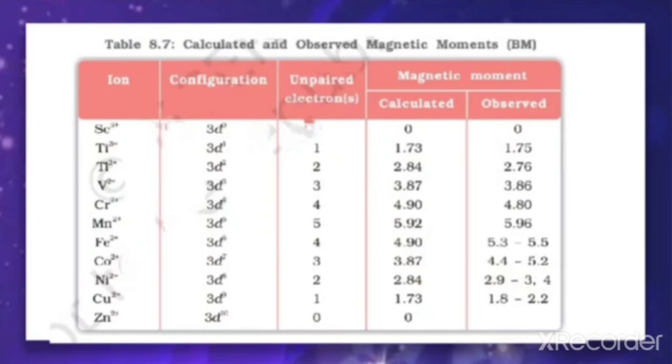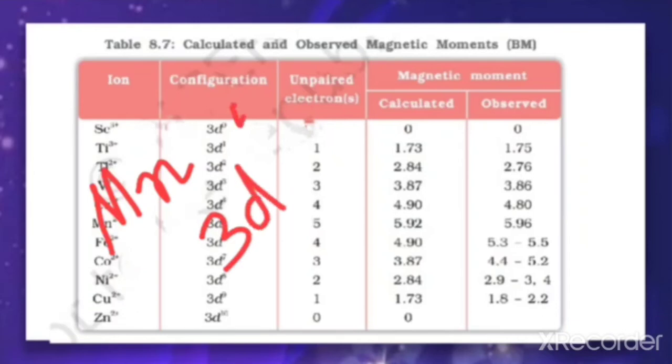When you compare the number of unpaired electrons for these ions, you can see that manganese 2 plus will have the maximum number of unpaired electrons. Manganese has atomic number 25, so its configuration is 3d5 4s2.